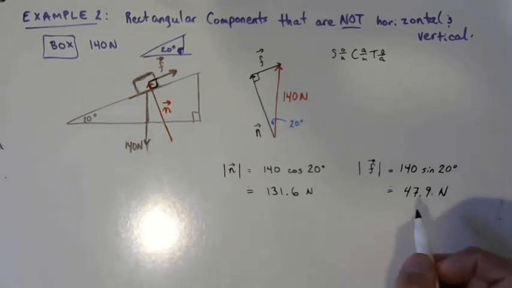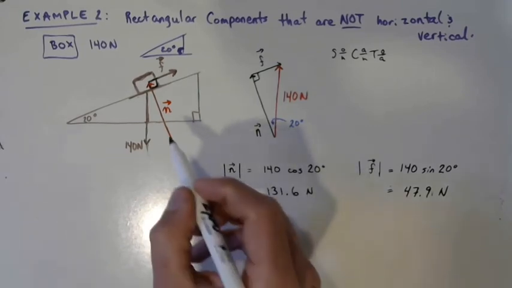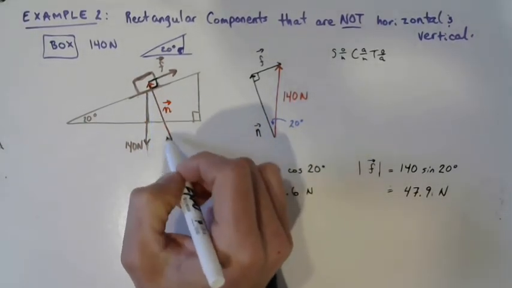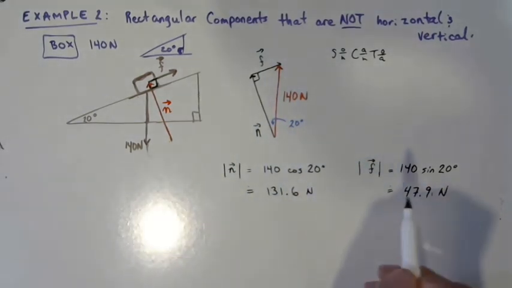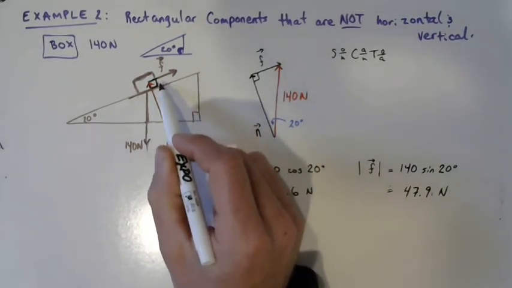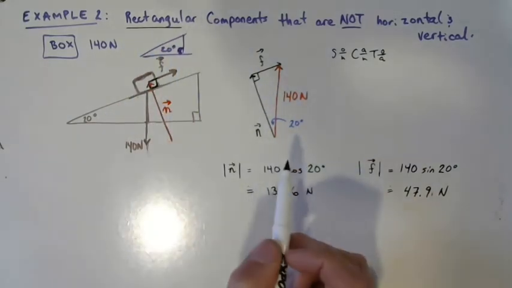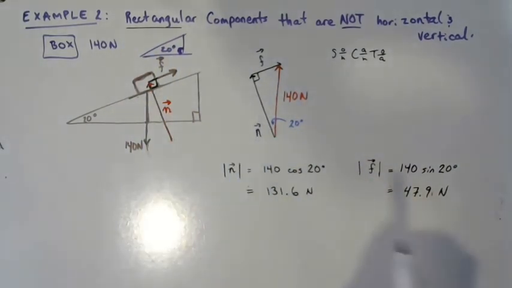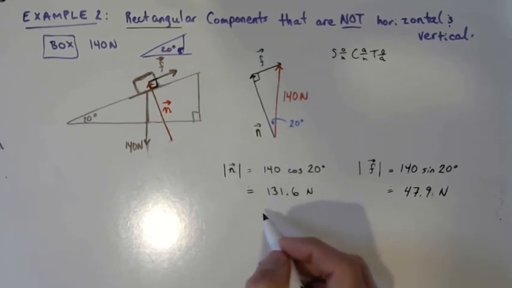Okay, so the box is kept at rest by a force of 131.6 newtons perpendicular to the surface of the ramp, and by a friction of 47.9 newtons parallel to the surface of the ramp. So non-horizontal and vertical, but still rectangular, okay, with this right angle triangle. And I'll put the direction in here as well.